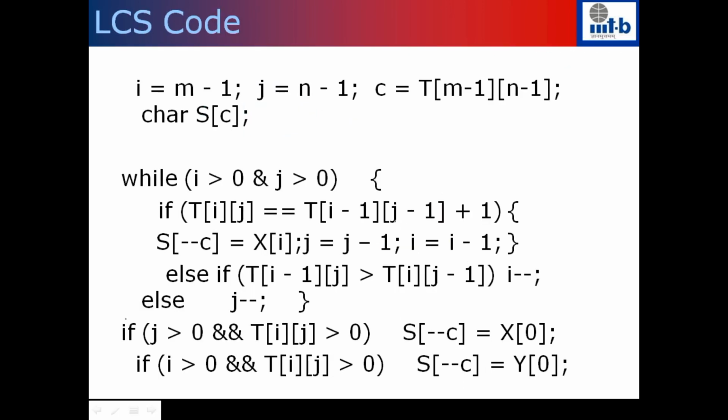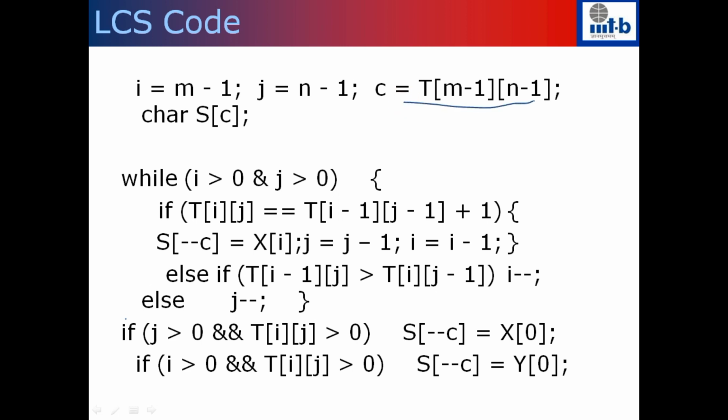Let's quickly look at the code for the backtracking. As mentioned earlier, the number of characters in the LCS is given by T of m-1 and n-1. Let's call it C. So C will be the total number of characters in the longest common subsequence. We start with i equal to m-1 and j equal to n-1.